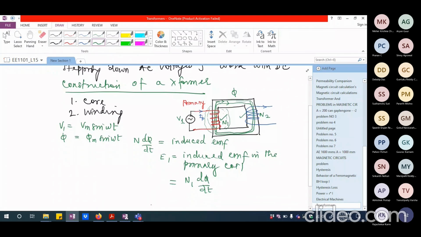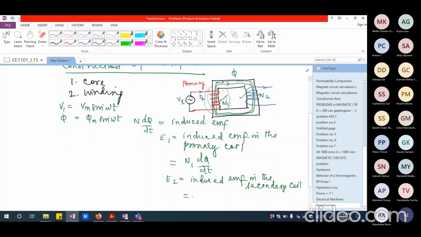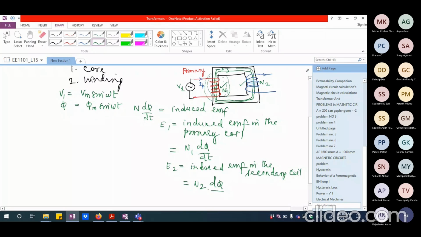The same way, I'm going to have E2, which is the induced EMF in the secondary coil. And that is going to be N2 multiplied by d phi by dt. So I can say E1 divided by E2 is equal to N1 divided by N2.